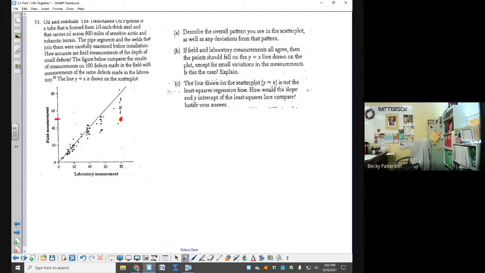Talk to me about the spread of the data. Is it spread equally? Talk to me about the small lab measurements and the small field measurements versus the large lab measurements.